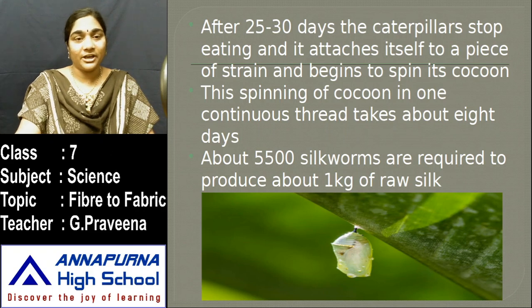This thread-like fiber is made up of a protein, and when it is exposed to air, it becomes hardened. 1 kg of raw silk is produced from about 5500 silkworms. So this is how the silkworm starts spinning the cocoon around its body.